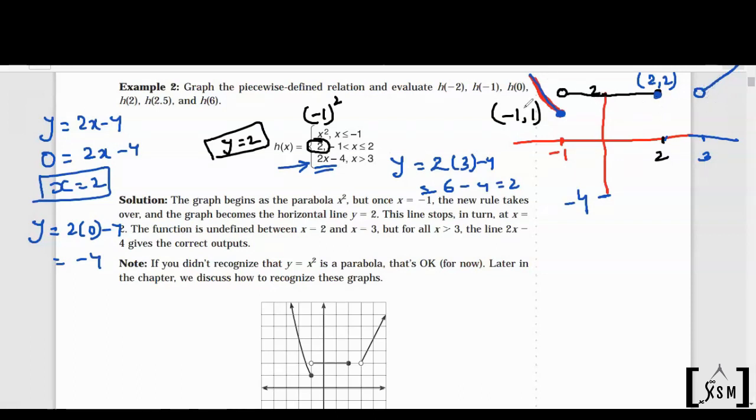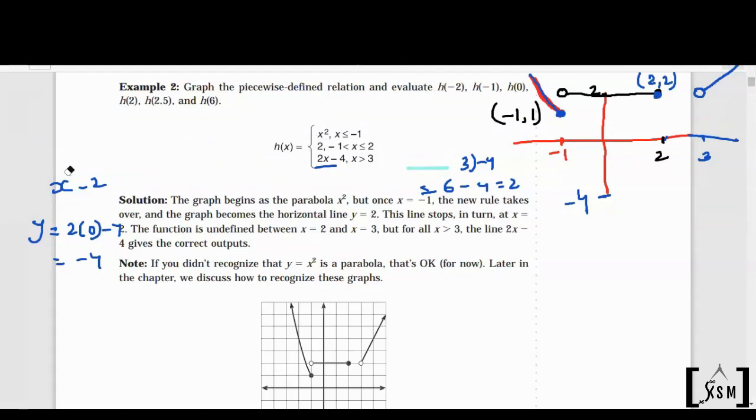Okay. Now we have to evaluate. Let me clear the stuff. Now we have to evaluate the value of h of -2. That is quite easy. Here the x value is -2. So we have 3 functions.